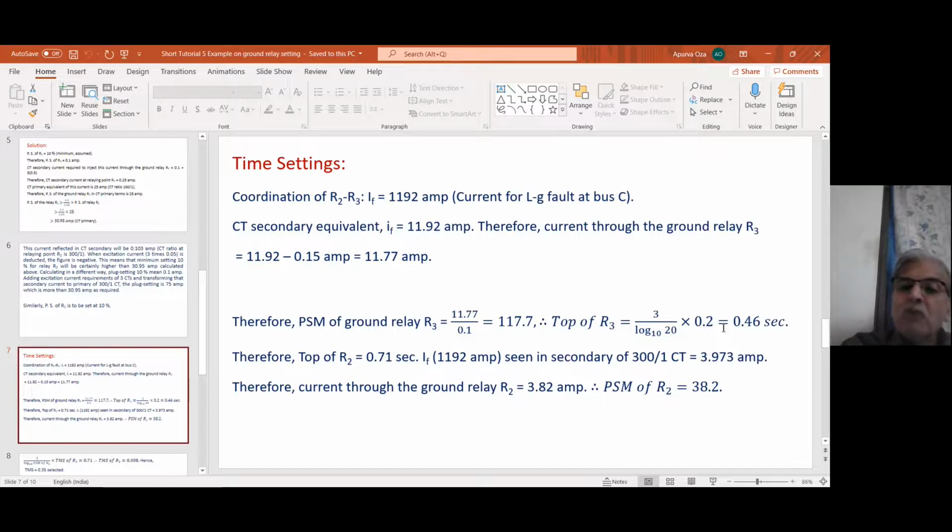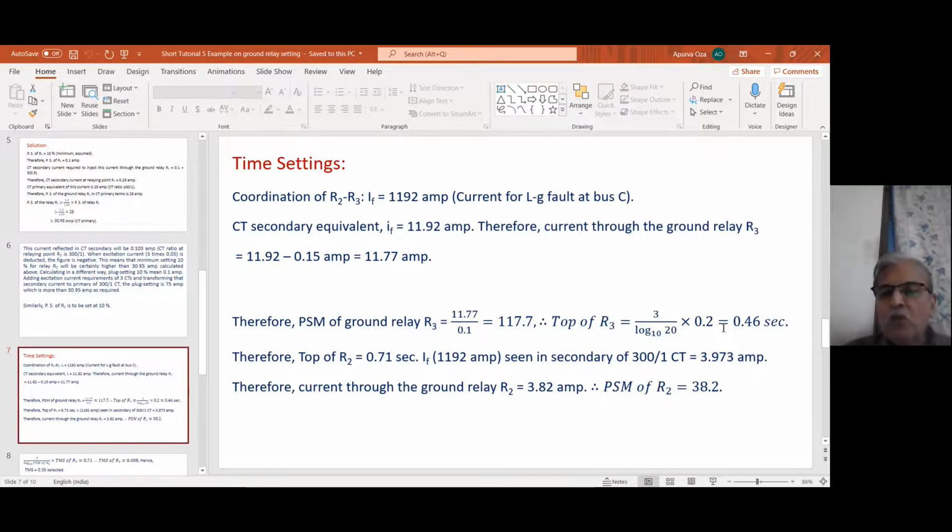If I add 0.25 to that, time of operation of R2 becomes 0.71 seconds, right? I have to again consider the same fault current because I'm comparing two relays for coordination. So for 1192 ampere in secondary of 300 bar 1, it becomes 3.973. 3.973 minus 0.15 becomes 3.82.